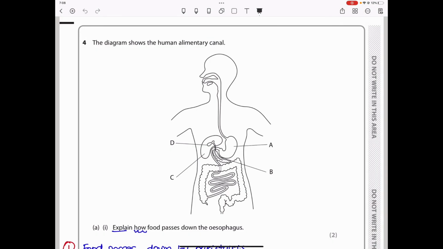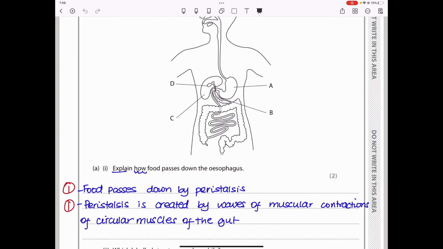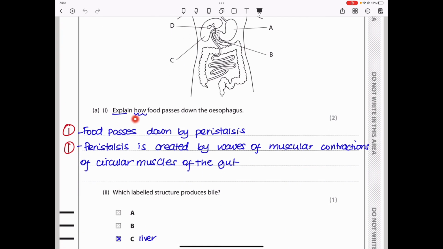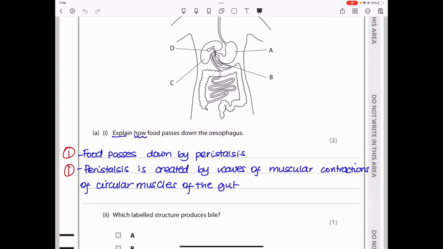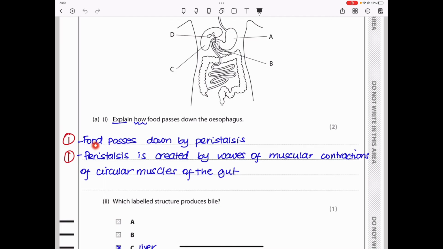Question 4, the diagram shows the human alimentary canal. So this is the digestive system being shown here. They say, explain how food passes down the esophagus. The esophagus is around here. Food is going to pass down the esophagus by peristalsis.